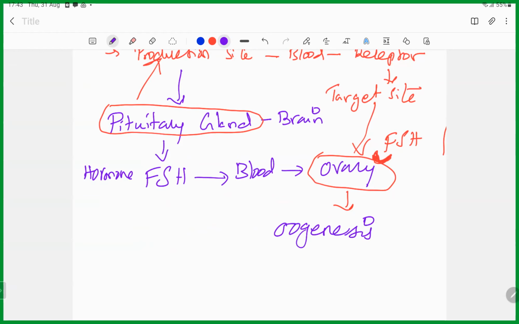Can you understand? So, how does a hormone work? From the production site, the hormones are produced. They are transported through the blood, and then they reach the target site. They initiate function. Example: FSH is produced in pituitary, transported through blood, reaches ovary. In ovary, oogenesis, or you can say oocyte development.